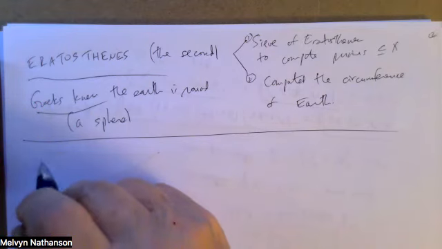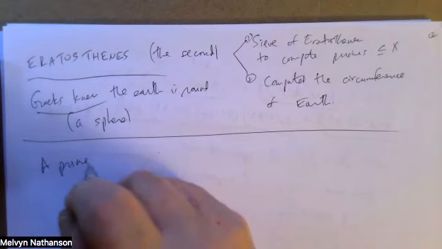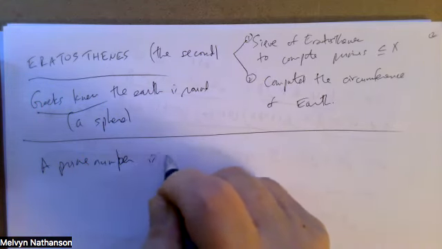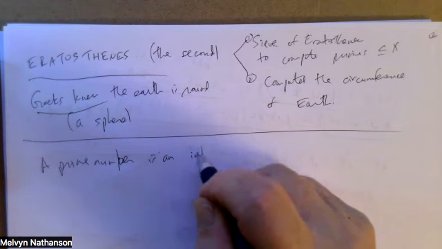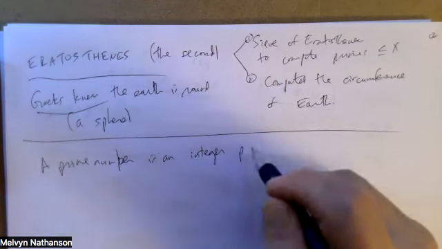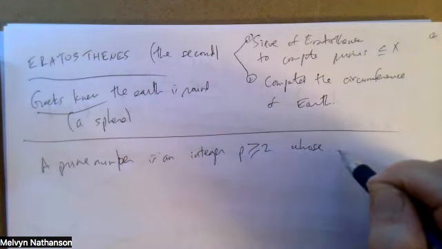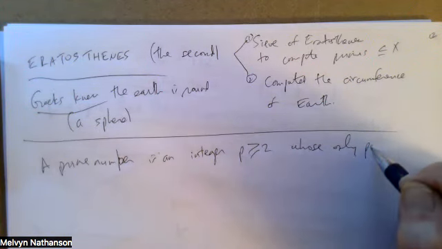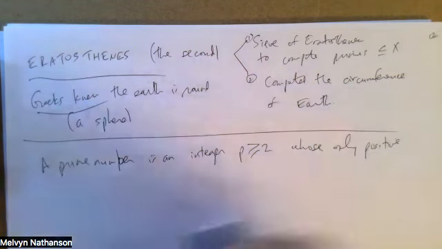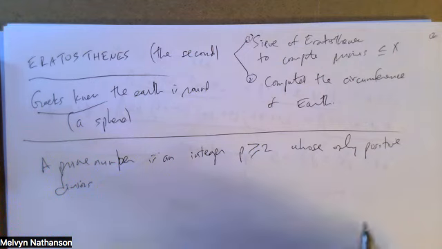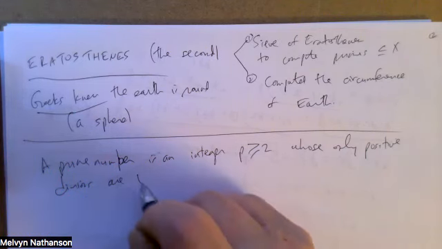So let's just recall, a prime, or a prime number, is an integer p, at least 2, whose only positive divisors, that is, the numbers that when you divide them into p go evenly, leaving a remainder of 0, are 1 and p.